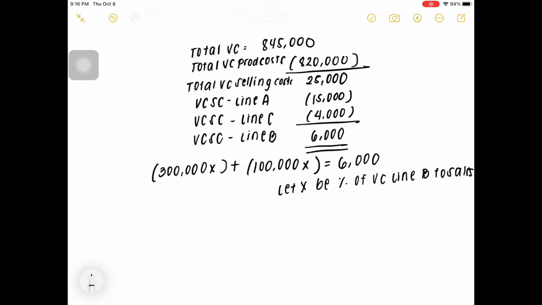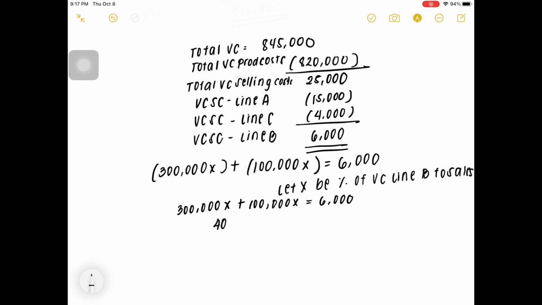So let's find the value of x now. So it's going to be 300,000x plus 100,000x gives us 6,000, and combine like terms.